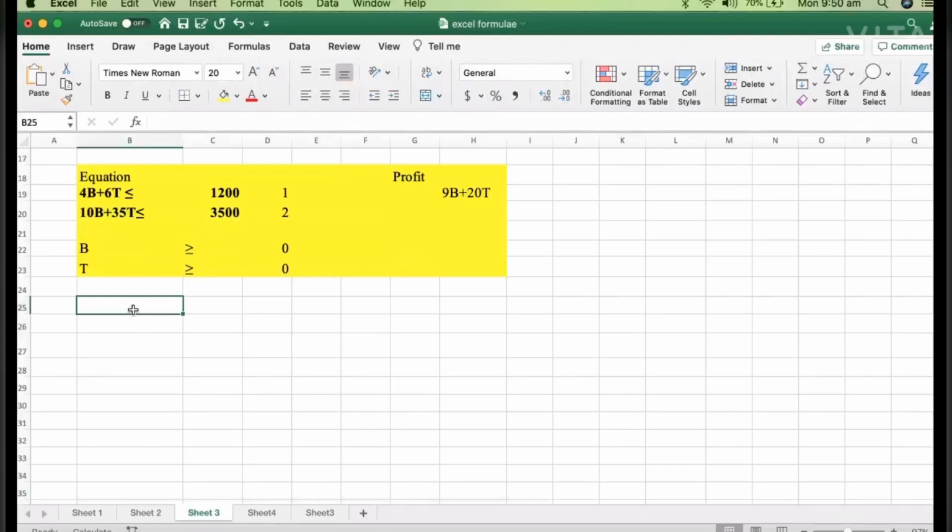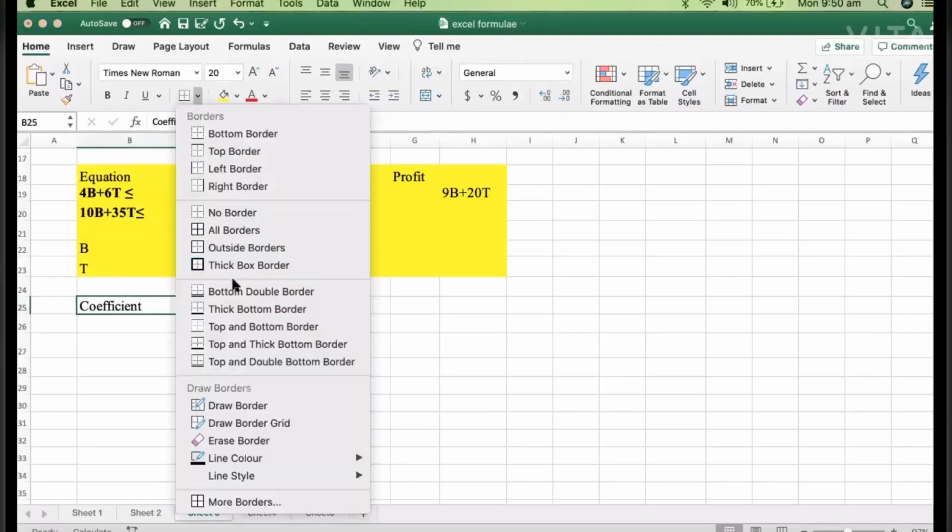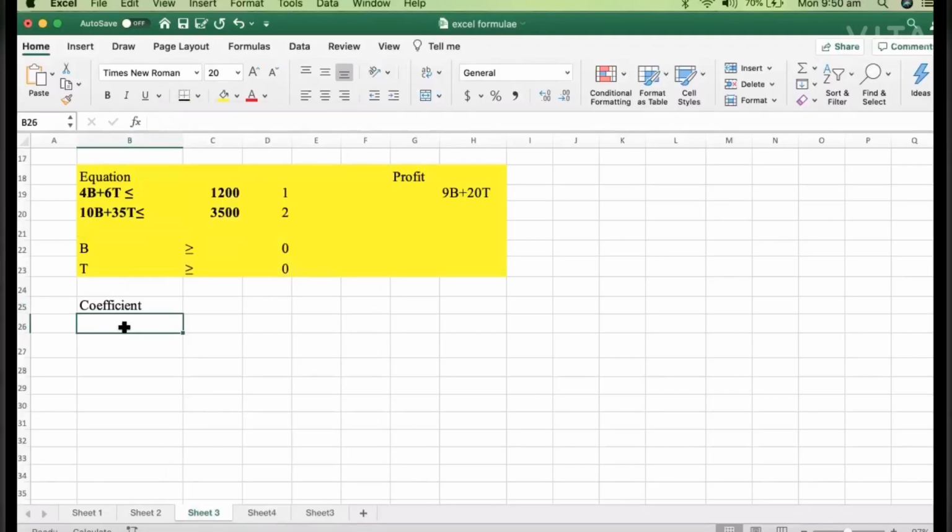Firstly we have to find out the coefficient for bench and table. So if I look at the first equation here, 4B plus 6T should be less than or equal to 1200. So here the coefficient of B is 4.